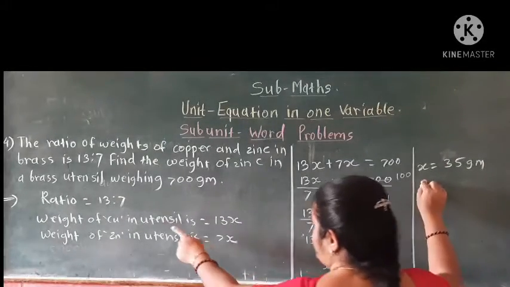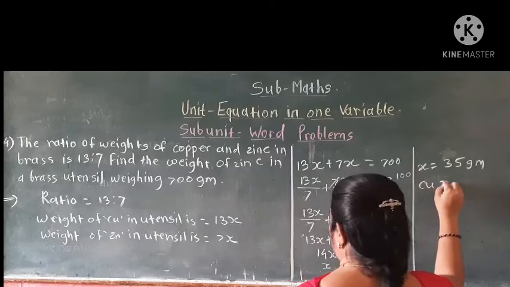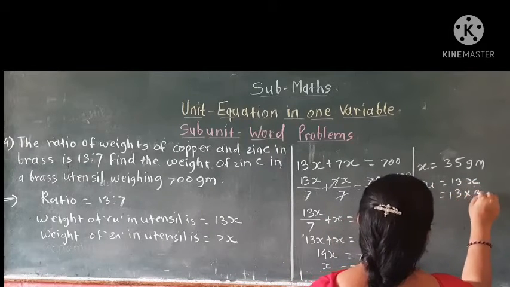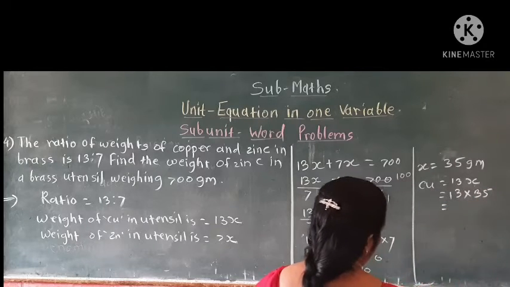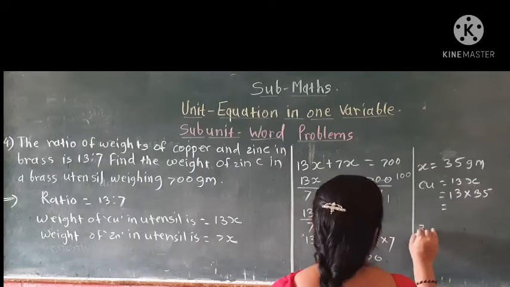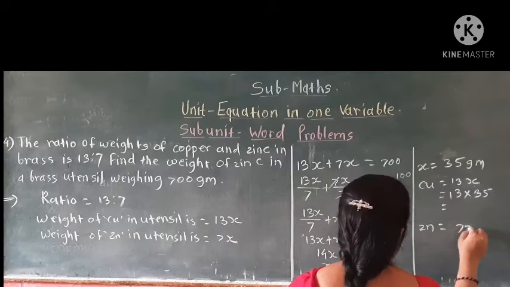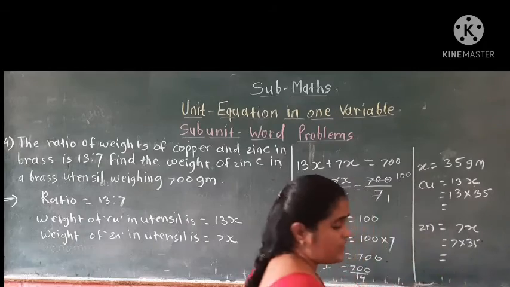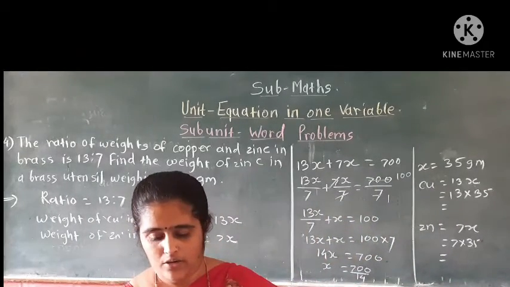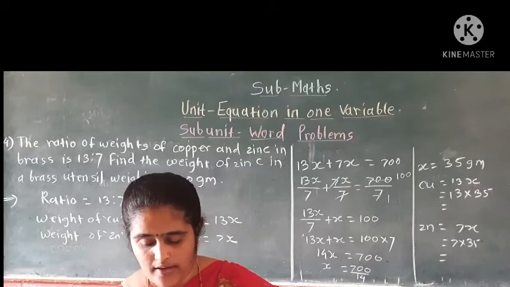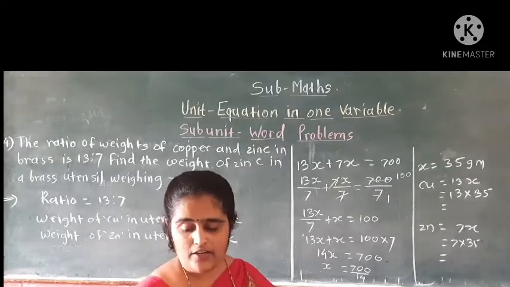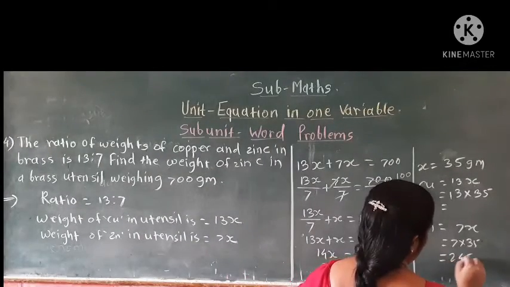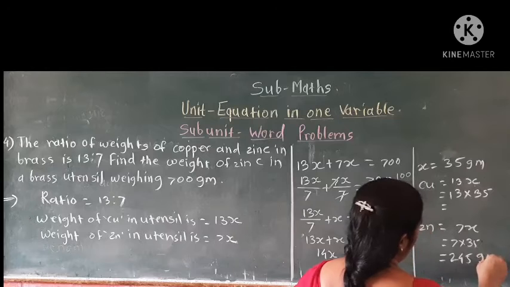Okay, the weight of copper is 13x. So 13 into the value of x, which is 35. Then the weight of zinc is considered as 7x. So 7 into 35, 7x is equal to 245 gram.